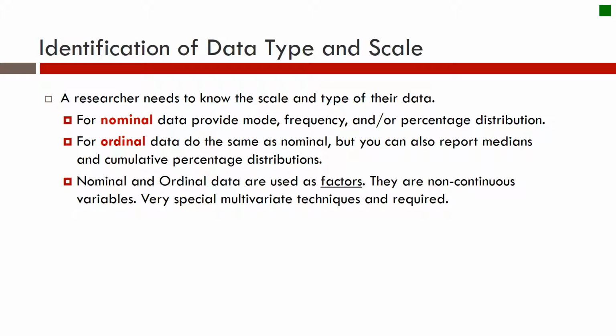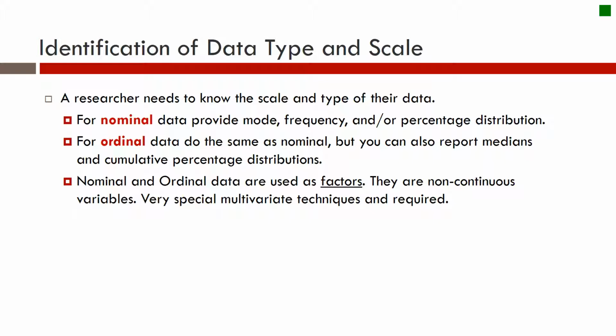Where this matters for us is that for each of these data types, you can only do certain types of statistical analysis. For nominal data, if we're going to describe it, what we would do is count how many times one of the options was chosen.